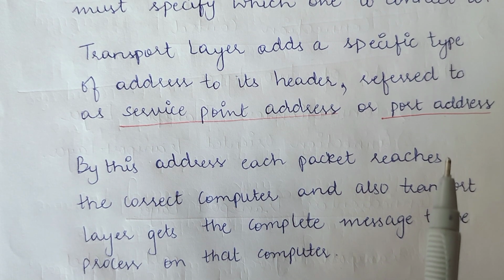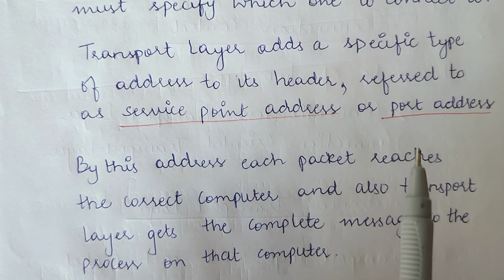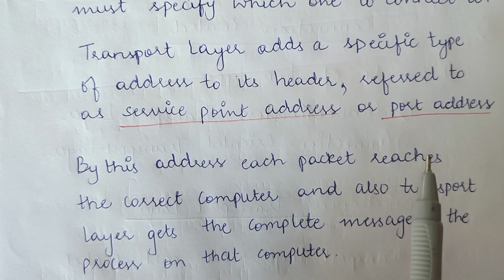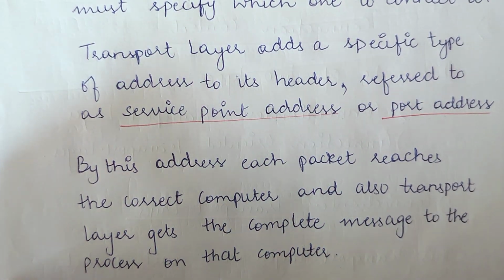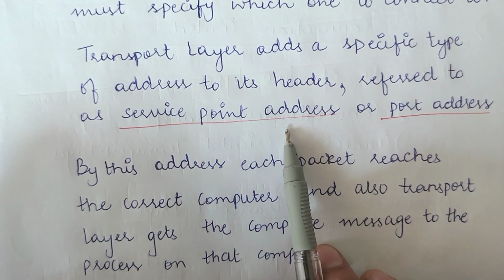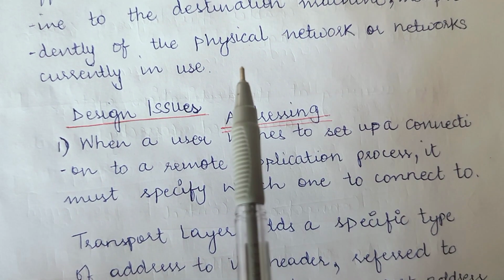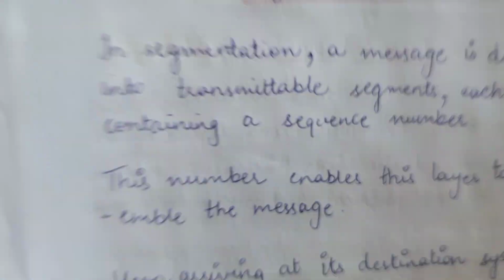Because you are a host, for the host to reach you, your MAC address is enough, but to reach a specific process on that particular host you need to know the port address. So a message intended for Gmail will reach Gmail only and not Messenger or Yahoo Mail. This has been made possible with the help of the port address or service point address which is provided by the transport layer. Therefore, the first and foremost service provided by the transport layer is addressing.